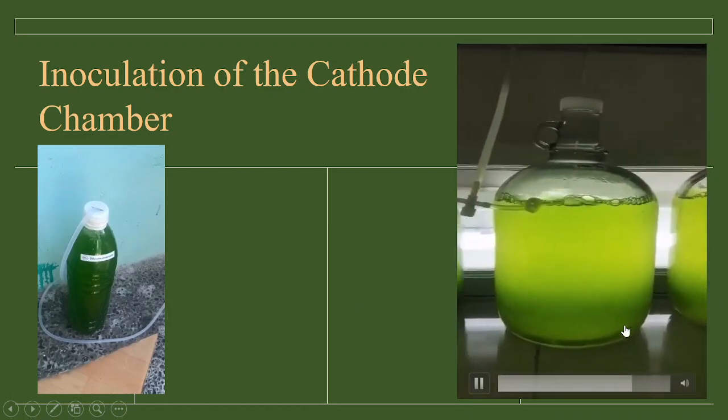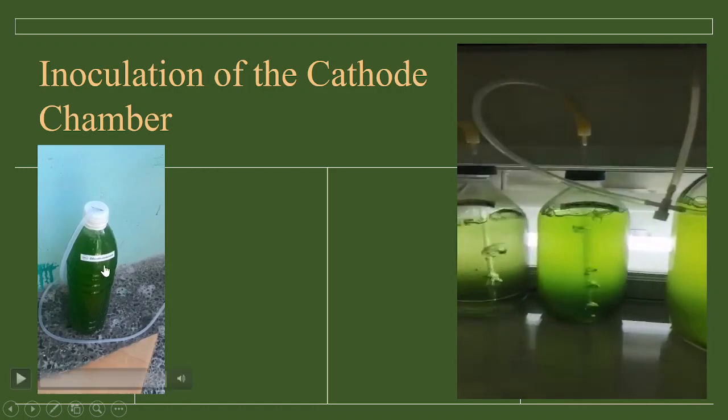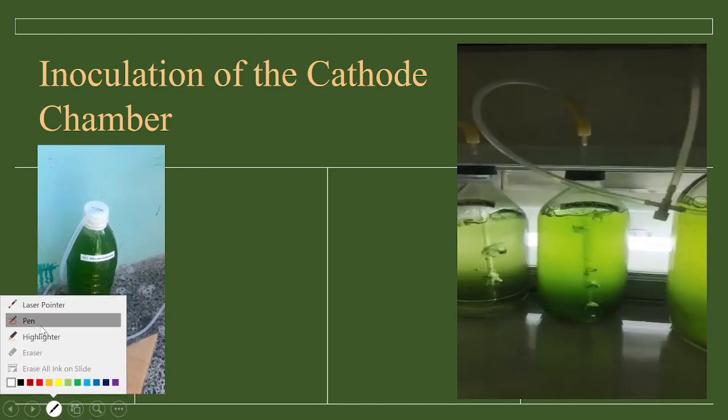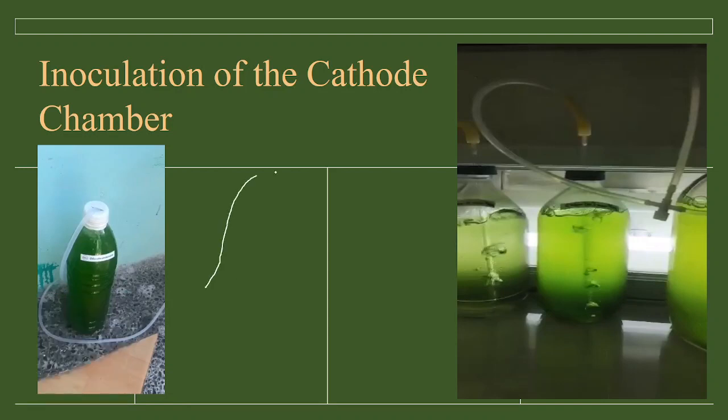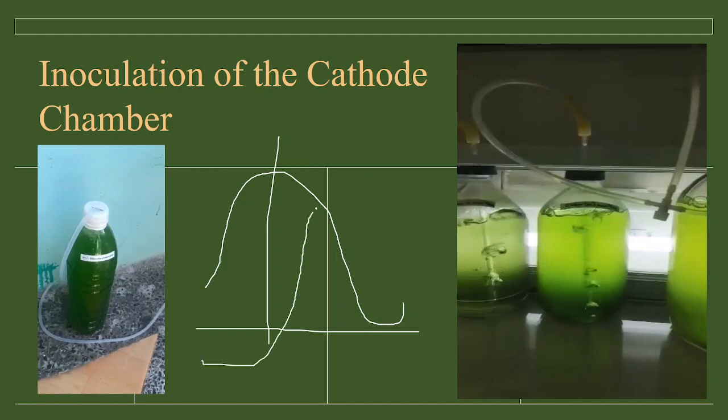So the Chlorella sorokiniana initially died, no, in just a matter of 20 days, because in a microalgae there is a lag phase. This will exponentially increase, but actually it will reach the stationary phase until the culture goes to zero, no.